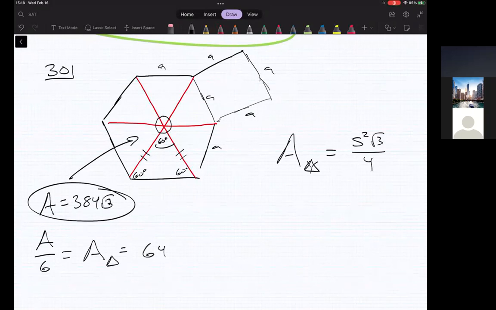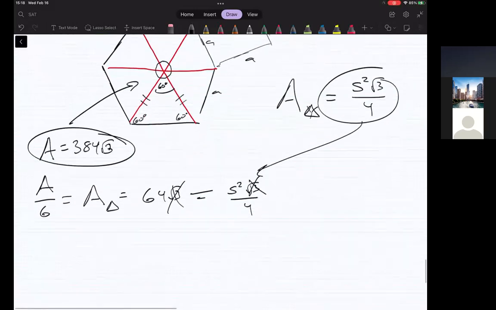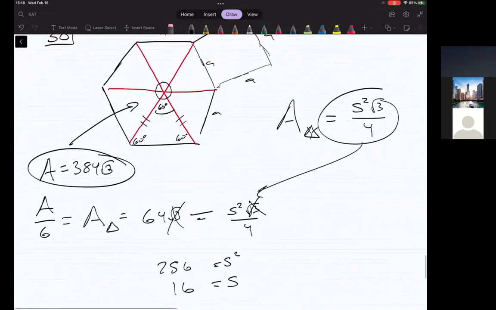That's 64√3. 64√3 should equal s²√3/4. Cancel out the √3s, multiply by 4. That's 256. s is equal to the square root of 256, which should be 16. So if A is equal to 16, then what's 16 times 16? Well, that's just back to 256.